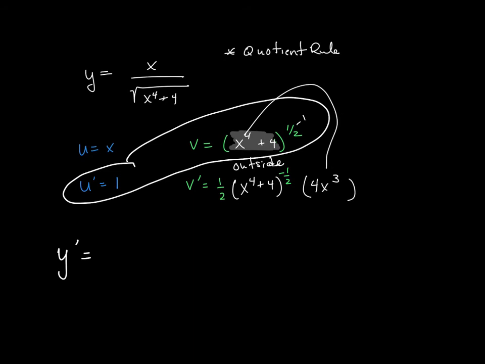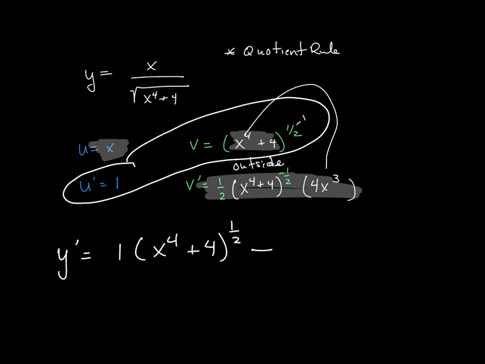So that leaves me with 1 times x to the 4th plus 4 to the 1/2 power. Now I have to subtract the numerator times the derivative of the denominator, which leaves me with x.